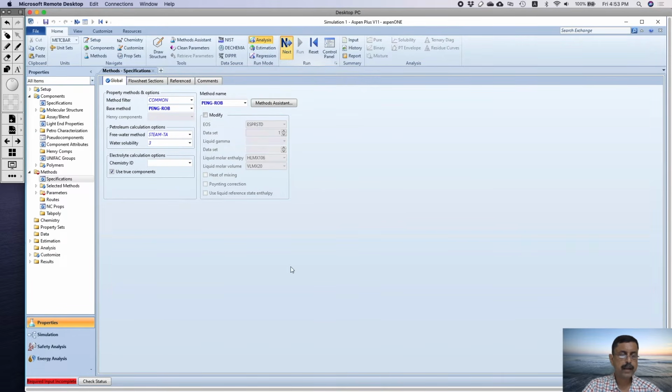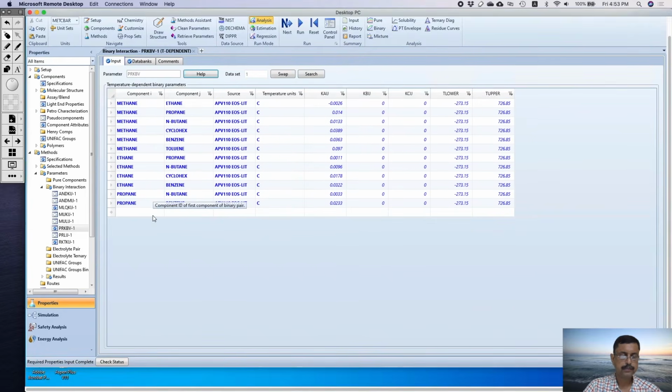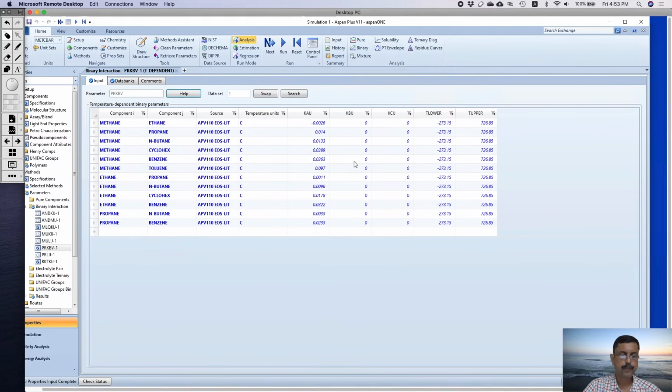Then it will quickly calculate the temperature dependent binary interaction parameters, methane with ethane, methane with propane, methane with N-butane, ethane with propane, ethane with N-butane, propane with N-butane, and so on. So all these temperature dependent binary parameters will be calculated for you.